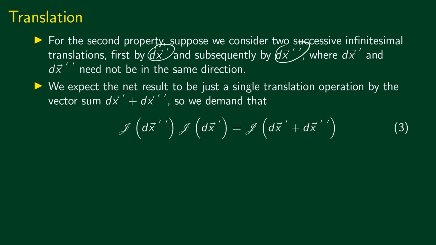For the second property, suppose we consider two successive infinitesimal translations, first by dx vector prime and subsequently by dx vector double prime, where dx vector prime and dx vector double prime need not be in the same direction. We are talking about vectors, so we can talk about first a translation in this direction and then a translation in this direction. In this case, we expect the net result to be just a single translation operation by the vector sum dx vector prime plus dx vector double prime.